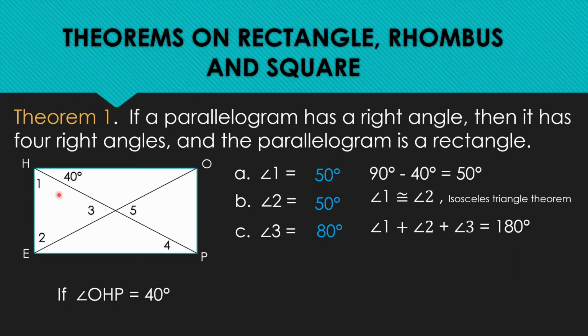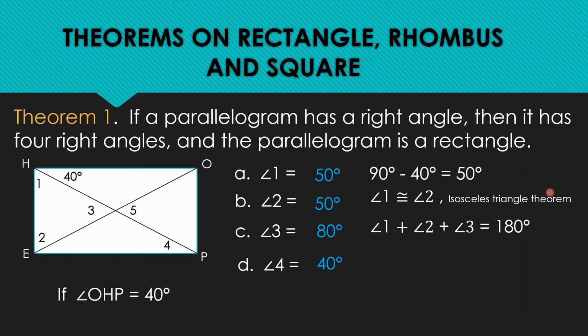This is a triangle, look at the figure. The sum of the measures of the angles of a triangle is 180 degrees. Angle 1 is 50 and angle 2 is also 50, so 50 plus 50 is 100. 180 minus 100 is 80 degrees, so angle 3 is 80 degrees.